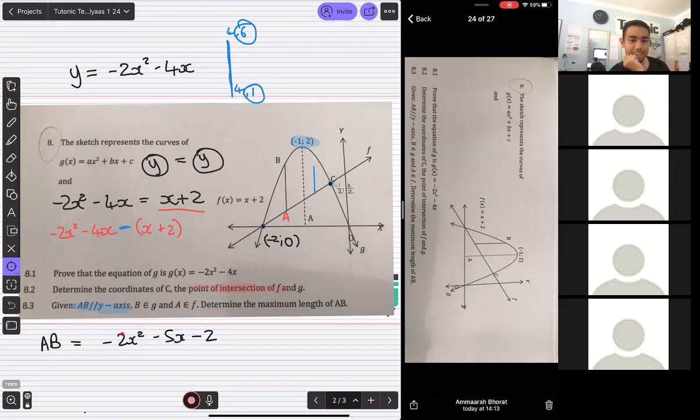Yes. So what's the difference between the two graphs at C? Zero. So what's the x value when x is C? It's negative half. What happens when you sub in minus half into this equation?